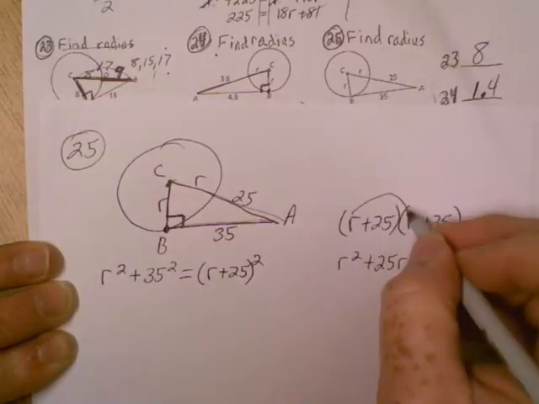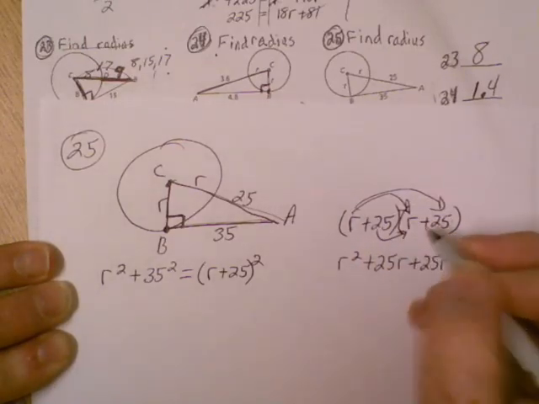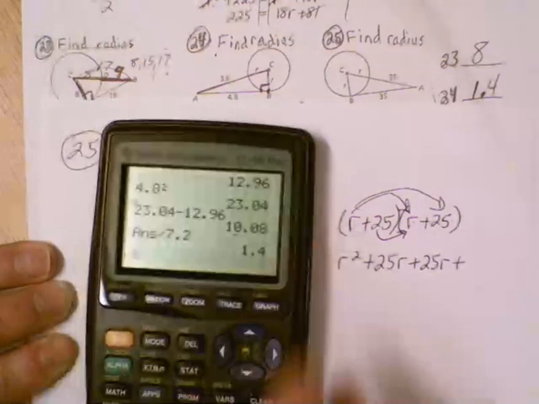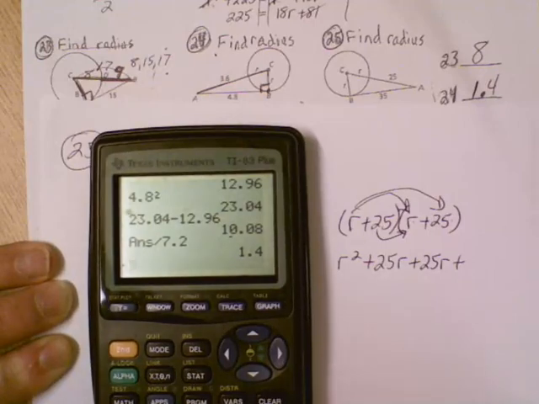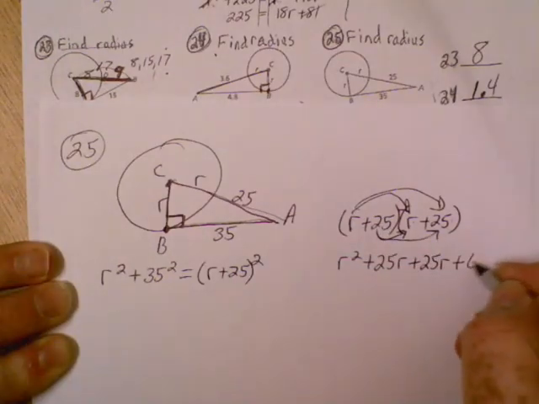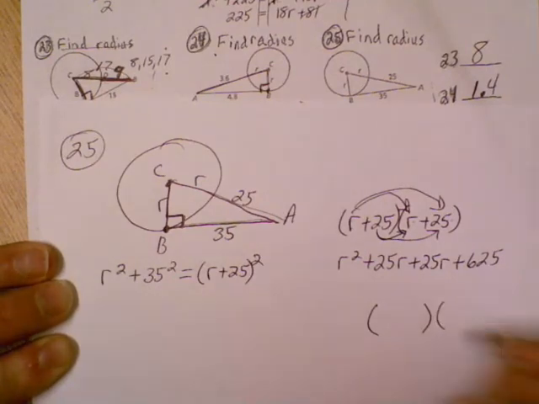Maybe you had an algebra teacher that taught you the smiling man way or something. There's a bunch of different ways. If you don't know what that is, don't worry about it. 625 is 25 times 25. I will show you what the smiling man is.